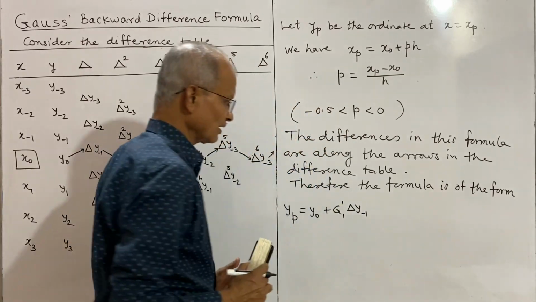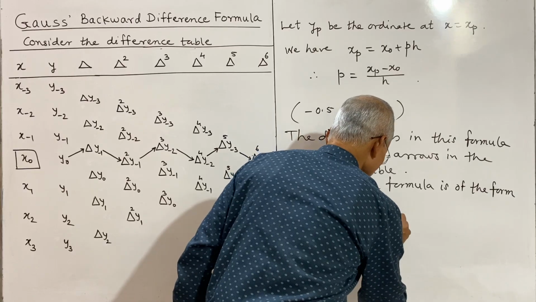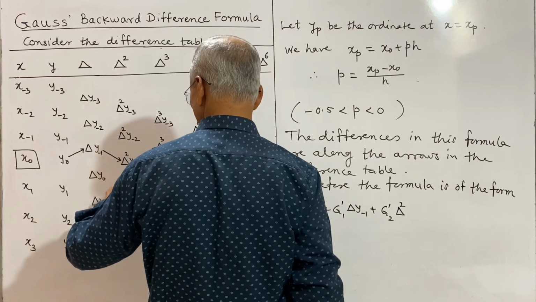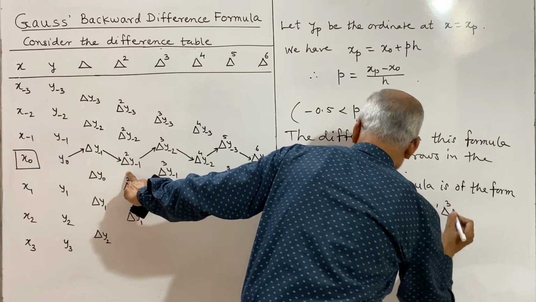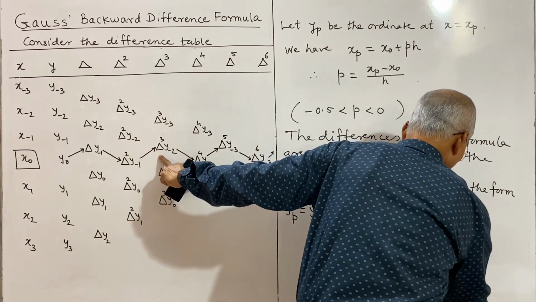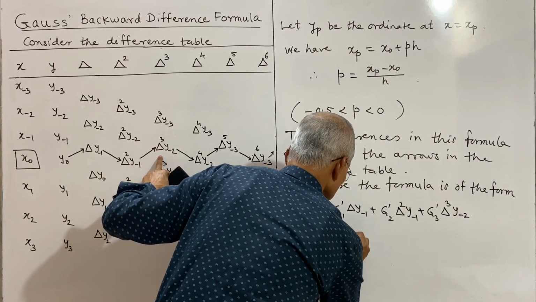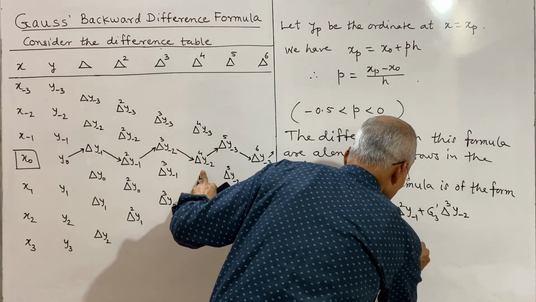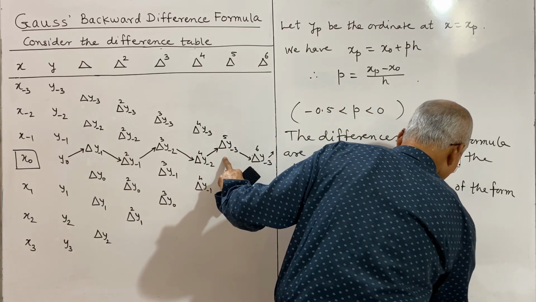G1 dash we are using because in Gauss forward difference formula we have used G1, G2, etc., and therefore to make the difference I have considered here G1 dash, plus G2 dash or G2 prime, delta square y minus 1, plus G3 dash delta cube y minus 2, plus G4 dash delta power 4 y minus 2, plus G5 dash delta power 5 y minus 3 and so on.